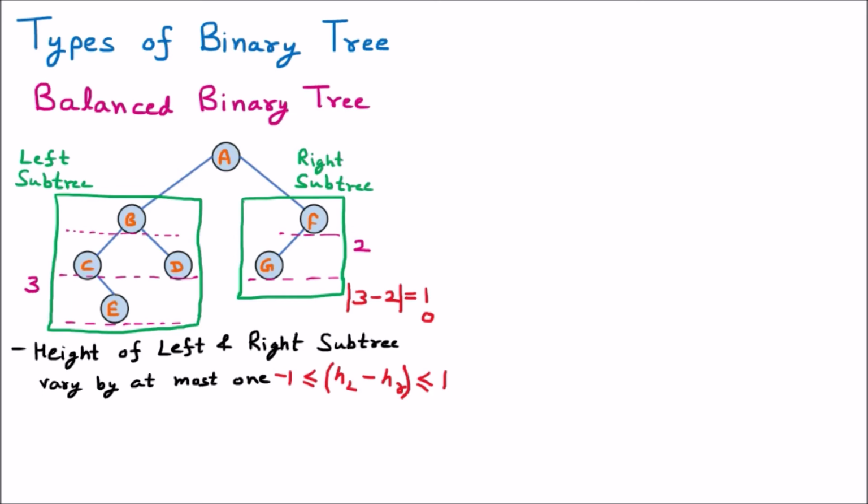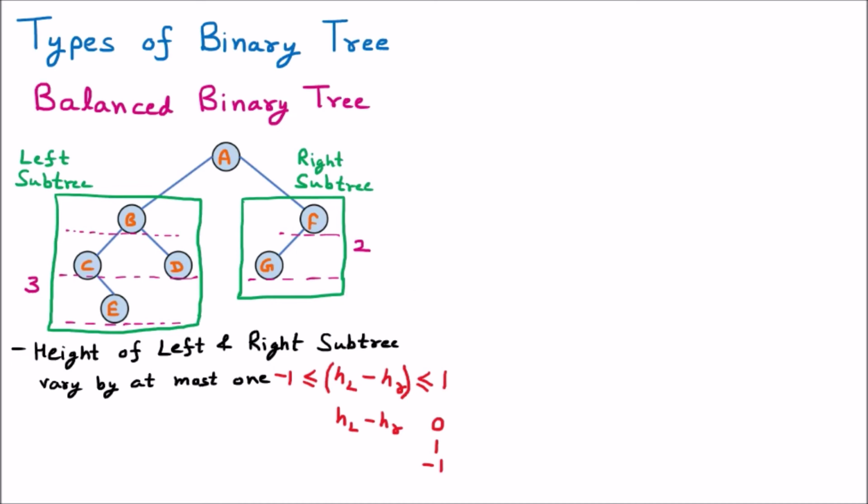If I subtract left minus right, it can be 0, 1, or minus 1, and in all these cases it works perfectly. That means if I subtract the height of the right subtree from the height of the left subtree, the result should be 0, 1 or minus 1. In those cases, the tree is called a balanced binary tree.